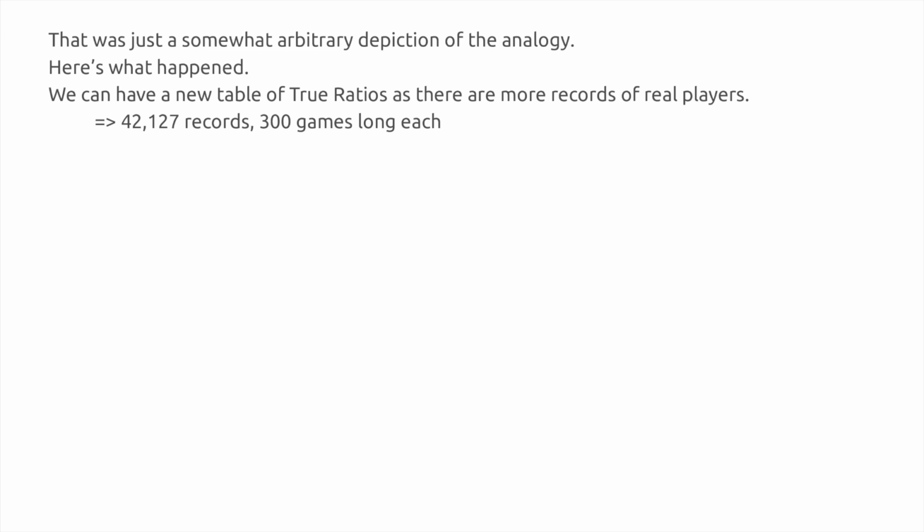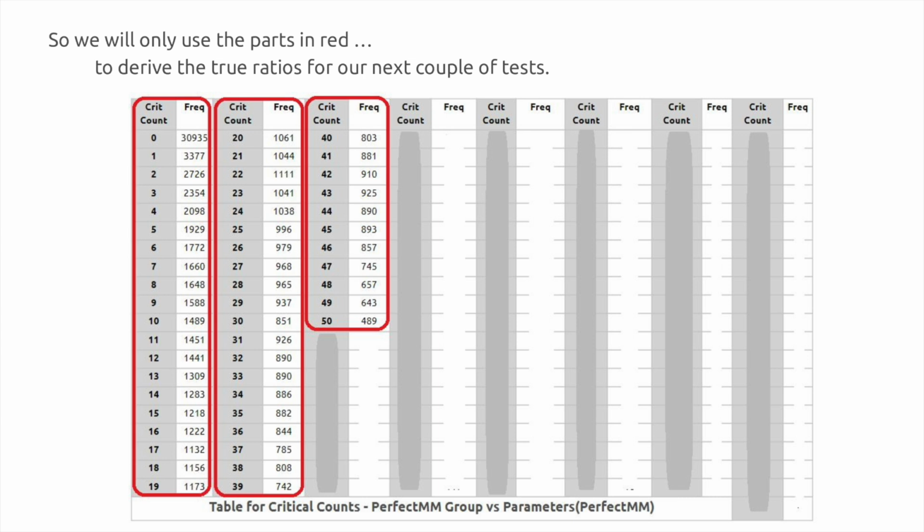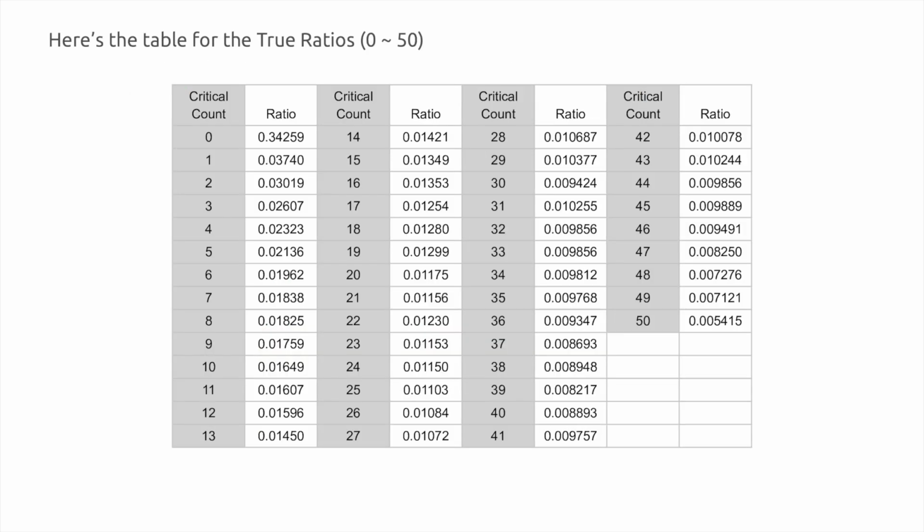Here's what happened. We can have a new table of true ratios as there are more records of real players. Choose the range of critical counts that are to be included from 0 to 50. So we will only use the part in red to derive the true ratios for our next couple of tests. Here's the table for the true ratios.